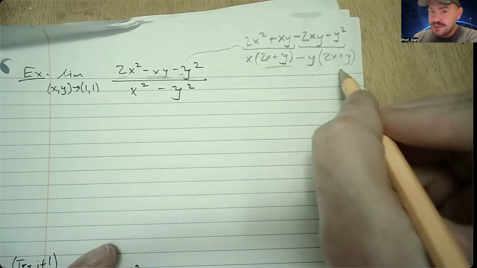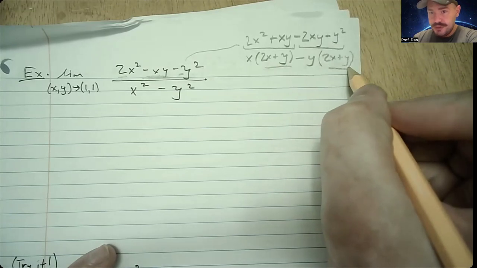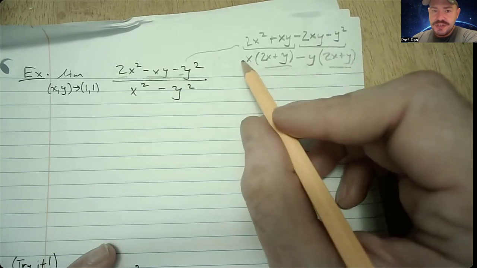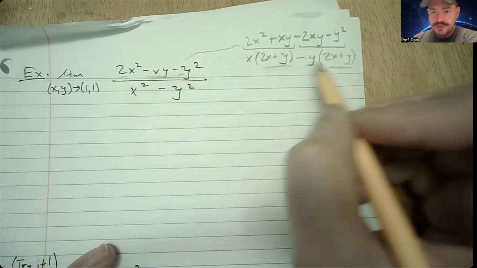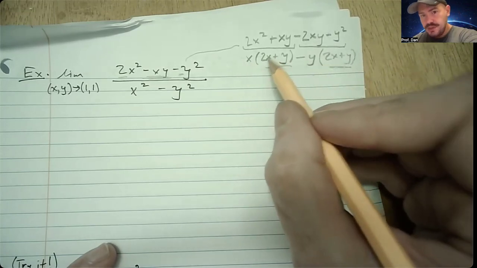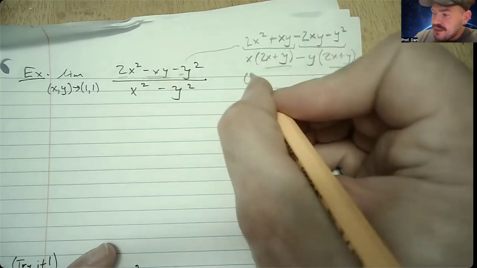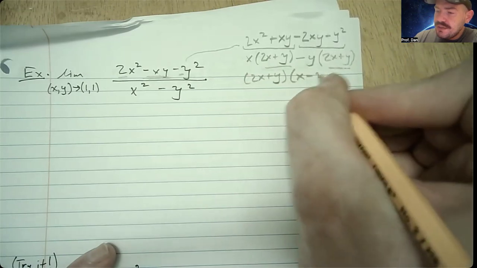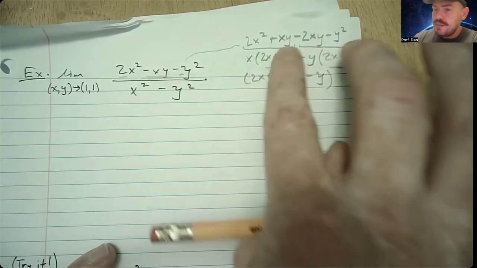Notice this worked out to be the same thing. That means we're on the right track. So now this expression has two terms, both of which have a factor of 2x plus y. So we can factor 2x plus y, and we're left with x minus y.